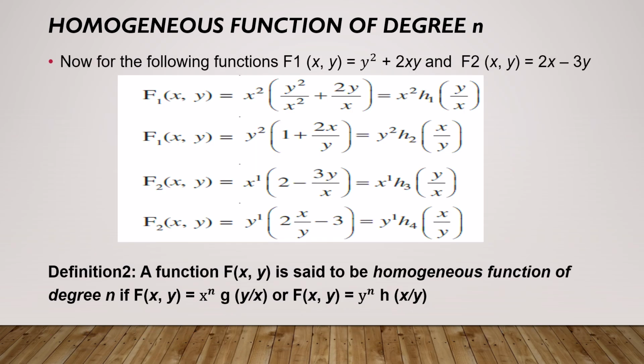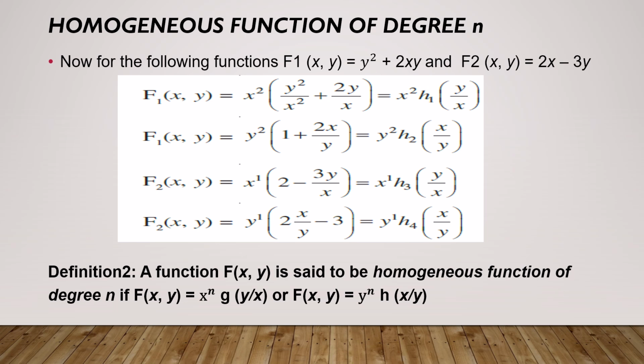Now we have seen that f1 of xy we defined as y square plus 2xy and f2 of xy as 2x minus 3y. Now in f1 just take x square outside. So basically it is x square into y square by x square plus 2y upon x. So y square upon x square plus 2y upon x is nothing but a function in y upon x.